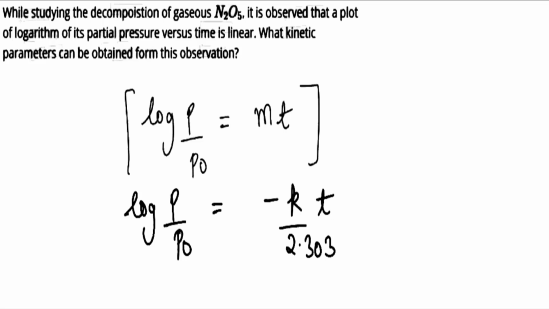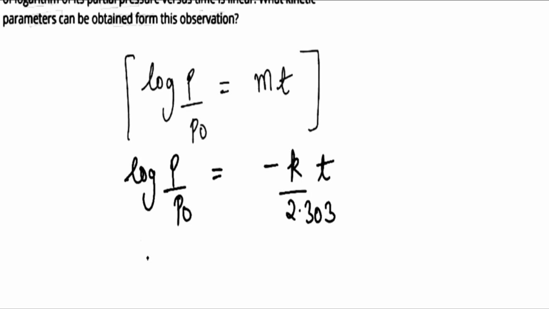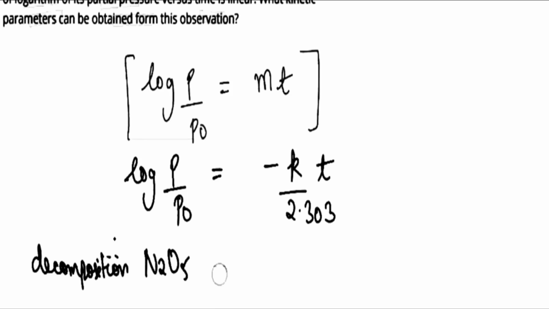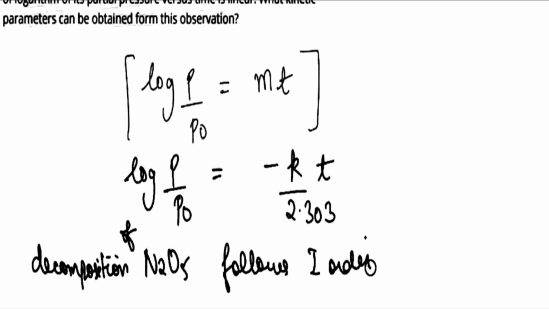So on comparing, we can see that the decomposition of N2O5 follows first order, as both have a similar relation between the partial pressure logarithmic versus time.